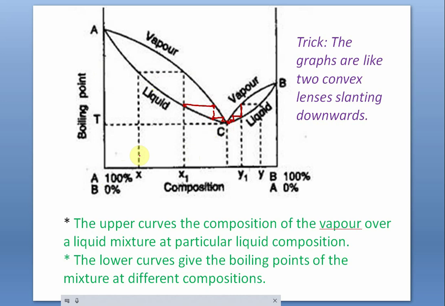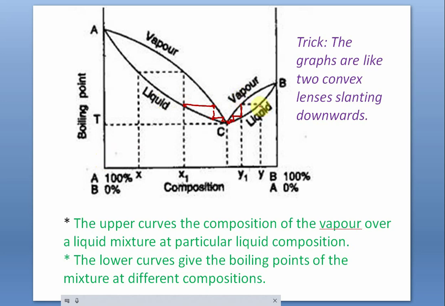So in this positive deviation case, remember that the distillate will give you the azeotrope and the residue will give you either, in one case, pure A, the less volatile component, or pure B, the more volatile component, depending on from which composition you start your distillation process. If you start with a lesser percentage of the more volatile component than the azeotropic composition, you will end up with the less volatile component in the residue as a pure component.